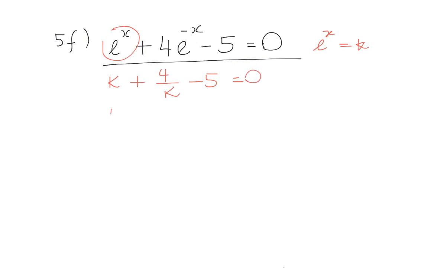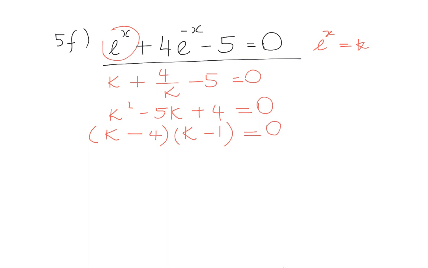Okay, so k squared minus 5k plus 4 will be equal to 0. And if I factorize, it's (k minus 4)(k minus 1) equal to 0. So k is 4 or k is 1.